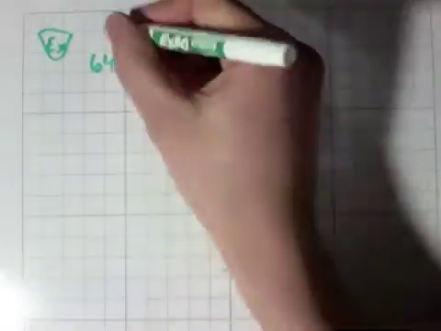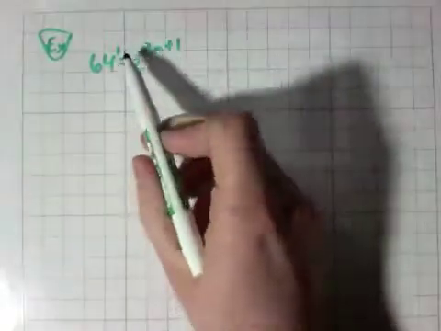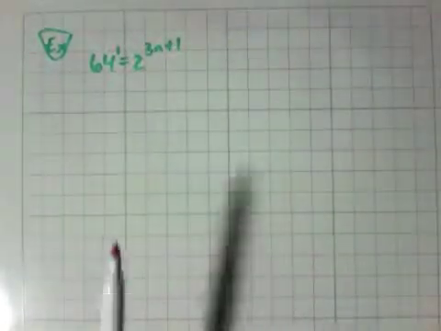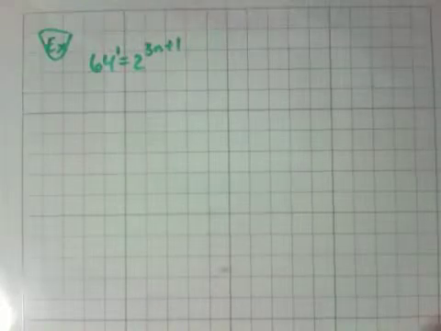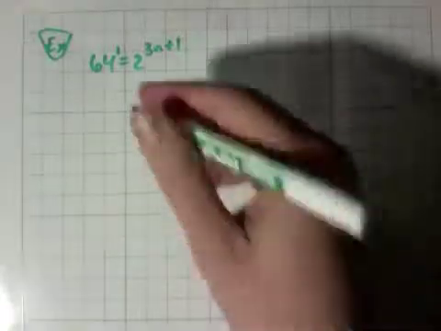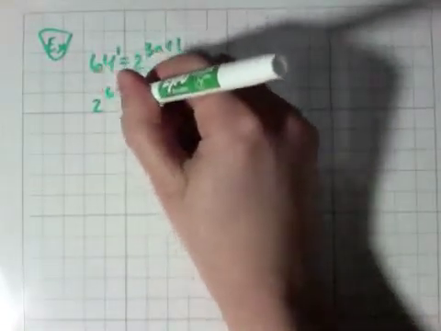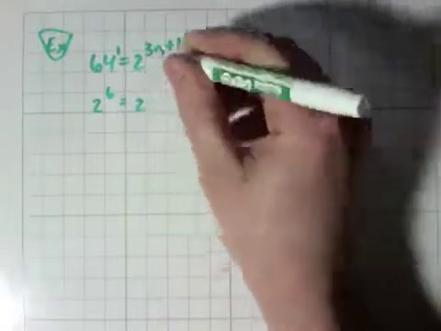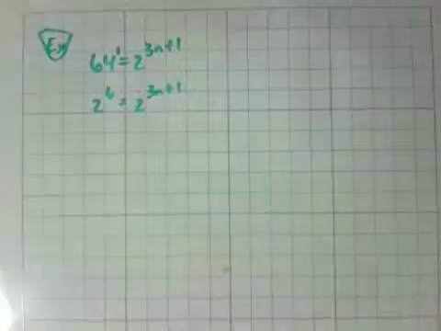Now 64 is technically being raised to the first power here, but I can't just say 1 must equal 3n plus 1 because the bases were not the same. However, notice 64 is actually a power of 2. So I could rewrite 64 as being 2 to the 6th power, which is still going to equal this right-hand side, 2 to the 3n plus 1.